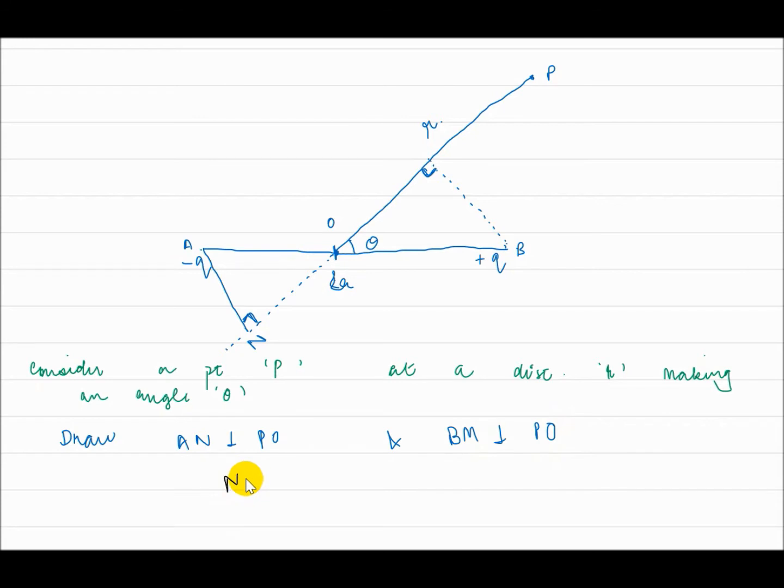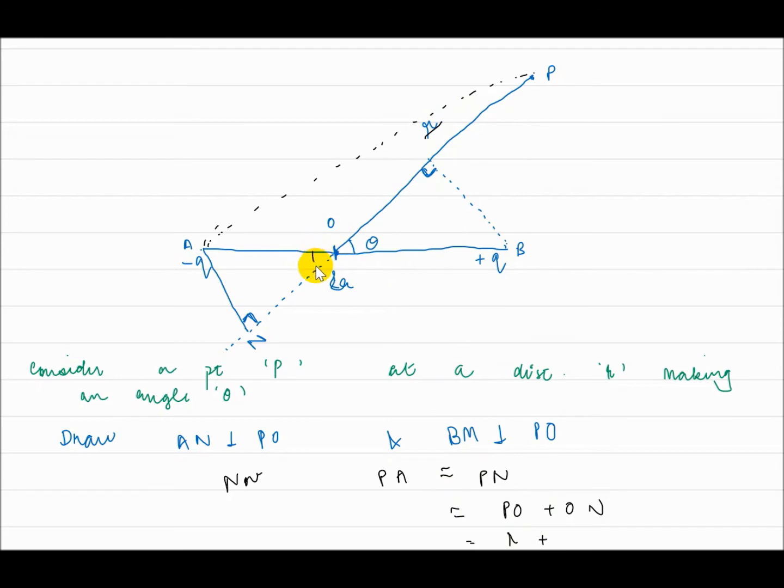Now, as we can see, PA is approximately equal to PN, that is this. PA is approximately equal to PN, which we can write as PO plus ON, and we know PO is r, so r plus ON.